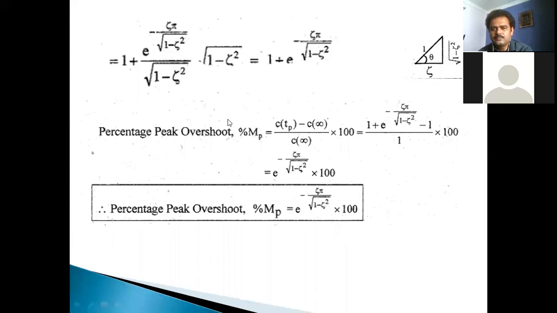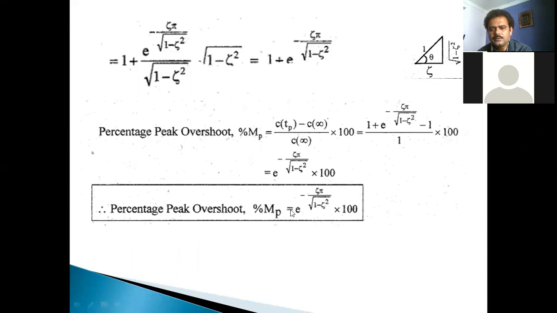Now substitute back in the formula: percentage overshoot is equal to c of tp minus c at infinity by c at infinity. The c at infinity value is the unit value. After simplification, we have to remember this formula.